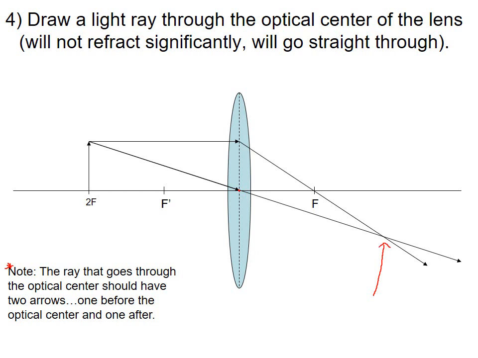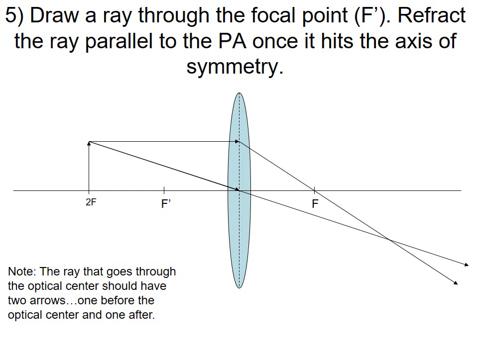But these are not the only two rays that we can use. We can have a third special convenient ray, to allow us to make sure that our work actually is accurate. So the third ray is, as you saw here, a ray that goes from the top of the object through the secondary focal point, hits the axis of symmetry.